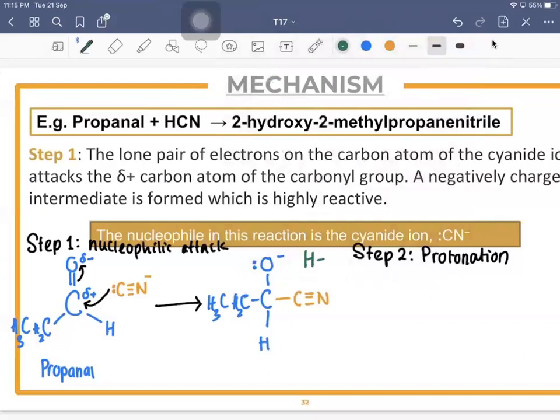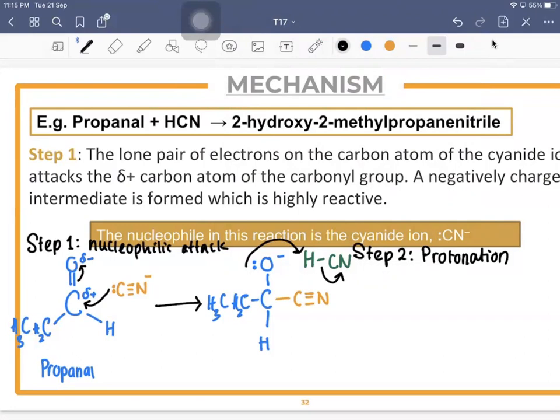HCN will also be a polarized molecule. The lone pair on oxygen is donated to the hydrogen so that it can form a bond with the hydrogen, and the H-CN bond has to be broken because hydrogen cannot form more than one bond.